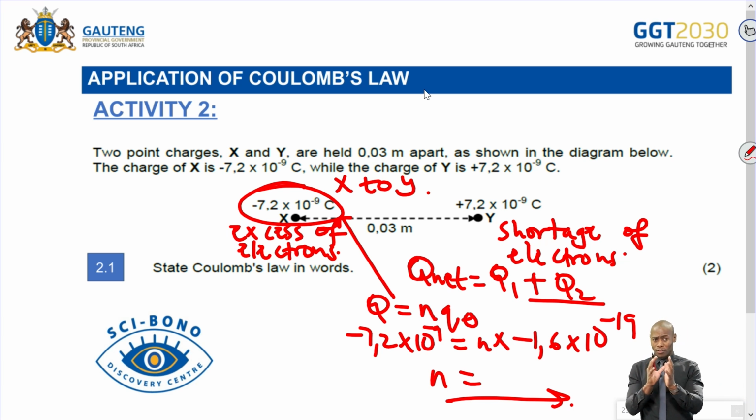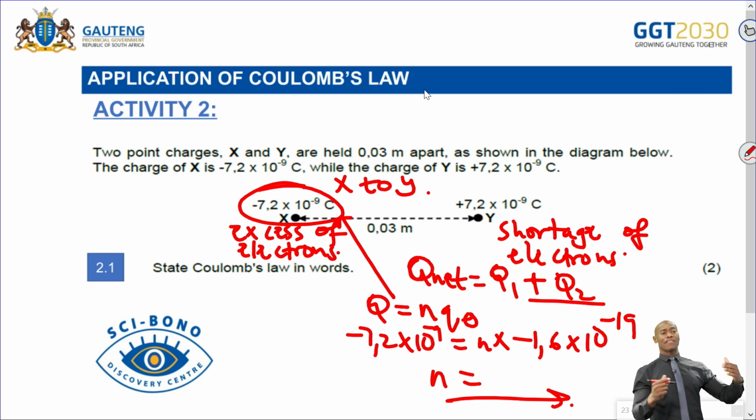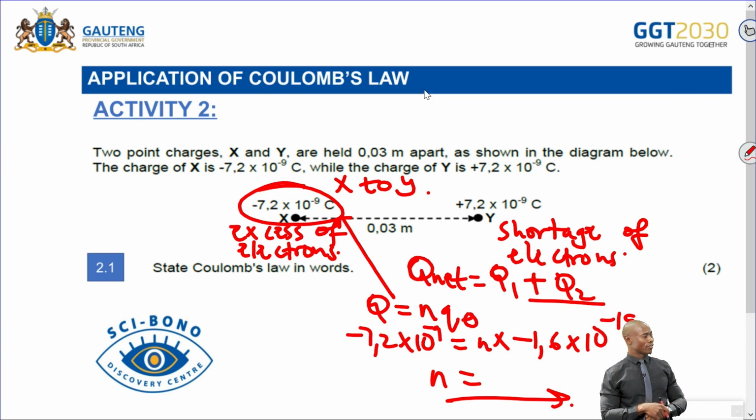So please be careful. Here, I'm calculating the number of electrons that are in excess. You can also calculate the number of electrons being transferred from this sphere to that sphere.